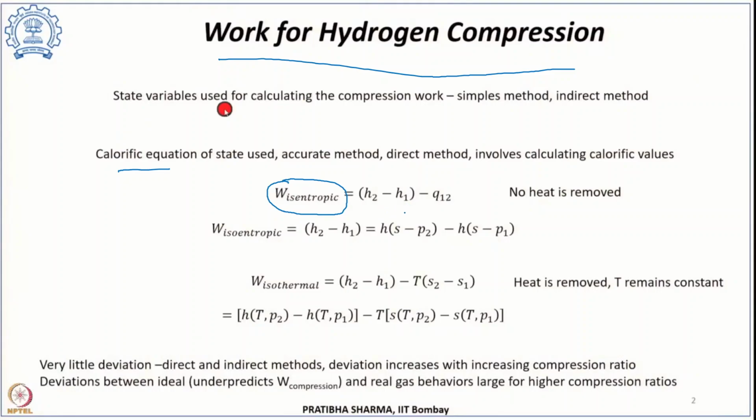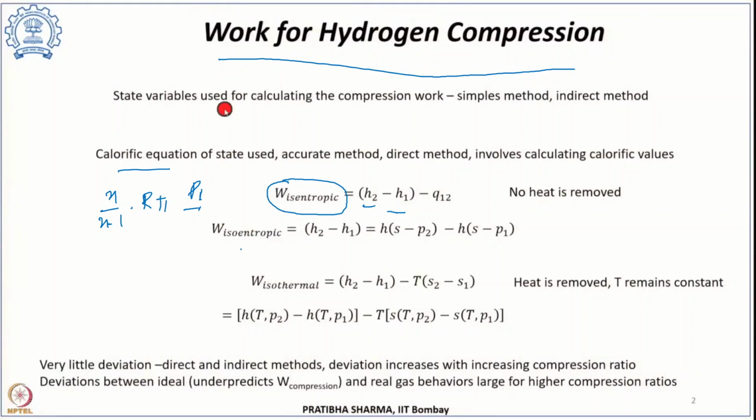If you know H1 minus H2, then you can easily calculate the isentropic work done. You do not have to remember the bigger formula, n minus 1 into R T1, (P2 by P1) to the power (n minus 1) by n, if you know the initial enthalpy value and the final enthalpy value.